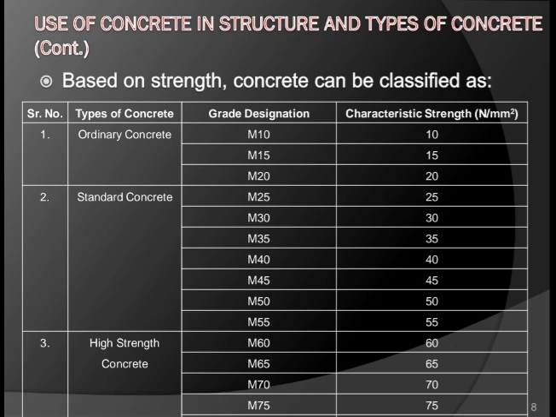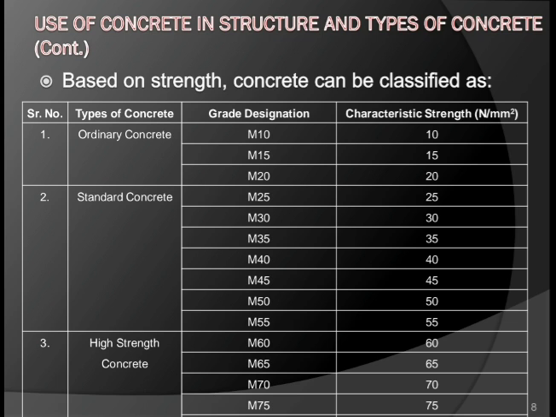Same for M15: M for mix, and for this concrete 15 Newton per mm square is the characteristic compressive strength at 28 days, right? So three types: ordinary concrete grade M10 to 20, standard concrete grade M25 to 55, high strength concrete grade M60 to 75, right?